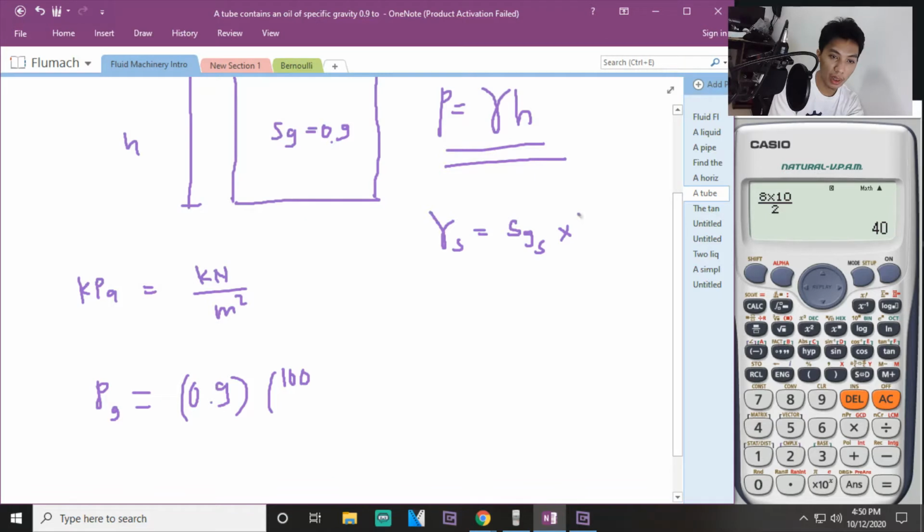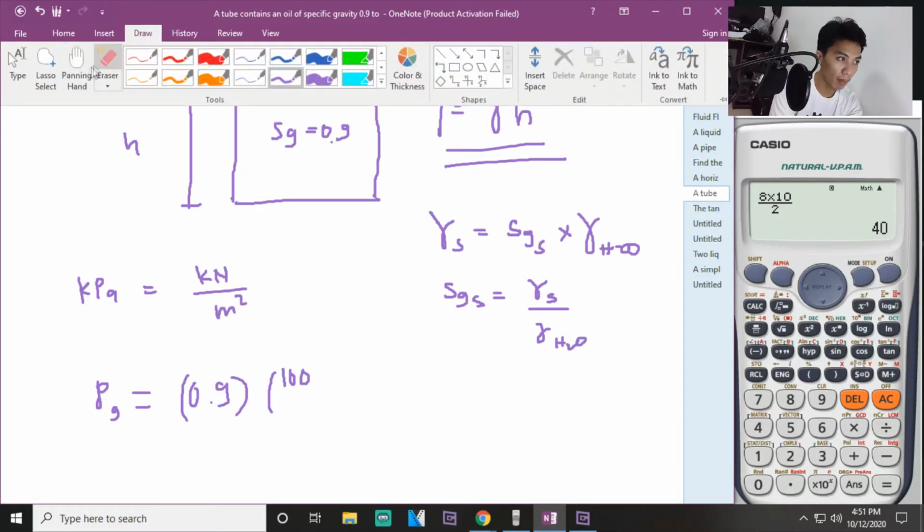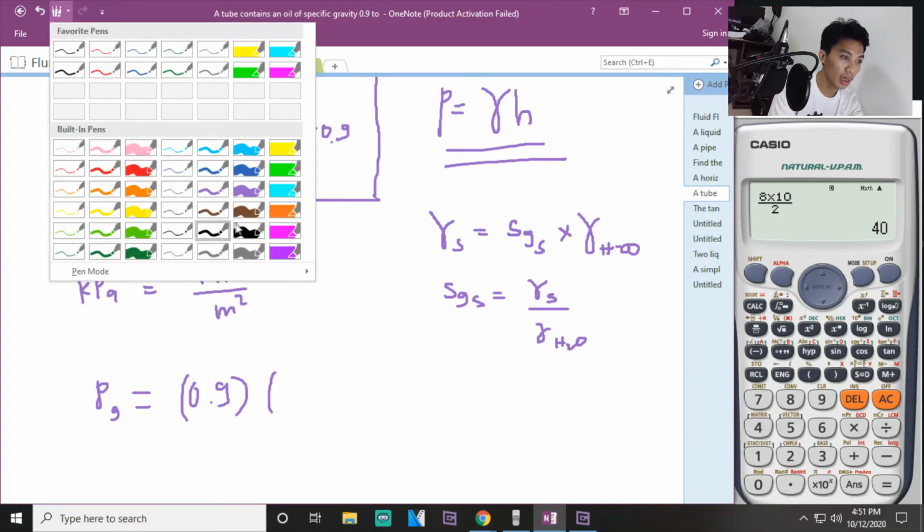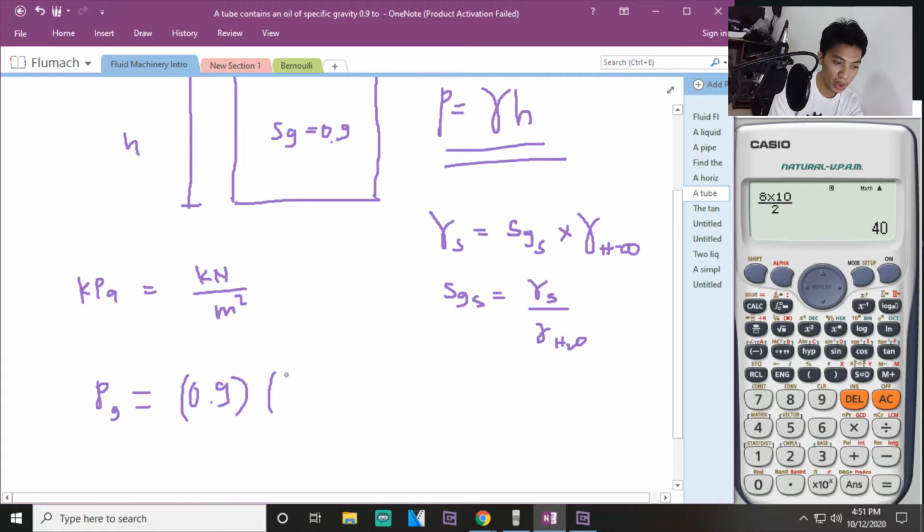Gamma na rin ng water yan. Gamma ng H2O. Kasi ang gamma nito, di ba ang SG, recall mo, SG ng substance is gamma ng substance over sa water. Okay. So, multiply na lang natin. Ano ba yung binigay ko sa inyo nun? That is 9.8066 kilonewton per meter cube.